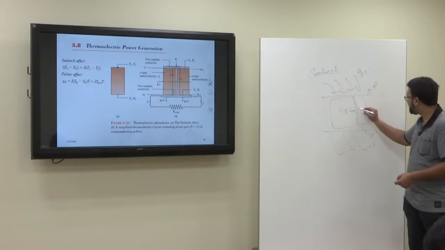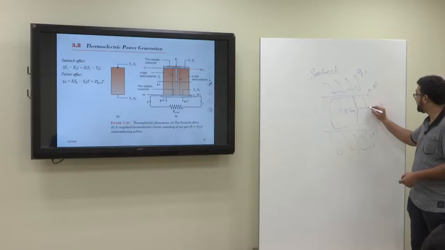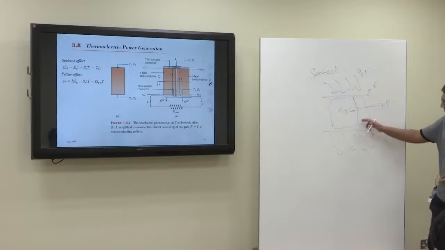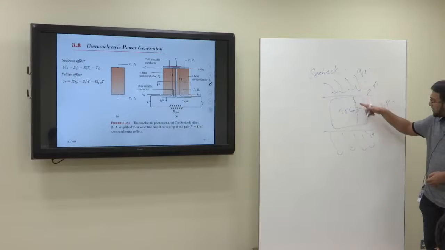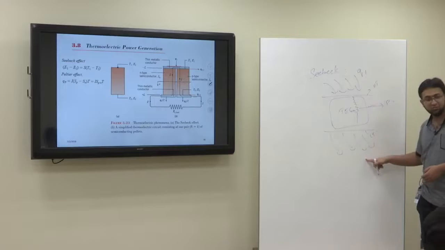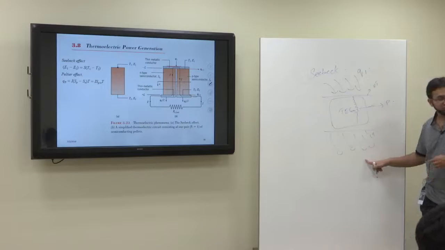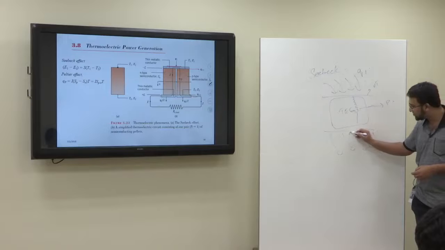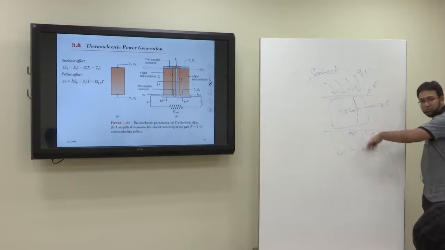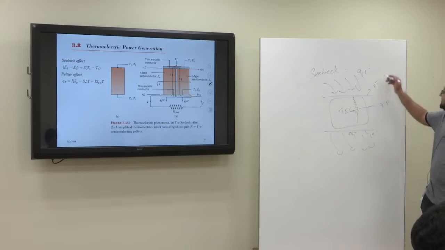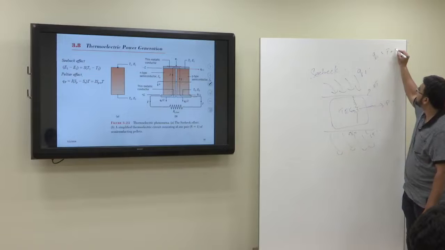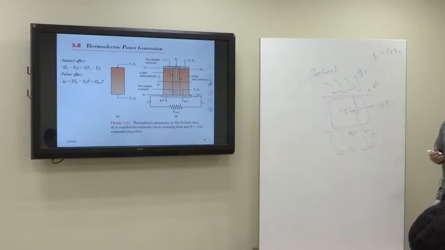In the meantime, part of it will be extracted out as electrical power. And since part of it is taken out as electrical power, not all of Q1 will go to the low temperature side. That will be, let's say, Q2. And then you need to reject this Q2. So if I make the energy balance, it's basically Q1 is equal to power produced plus Q2. That's the energy balance here.